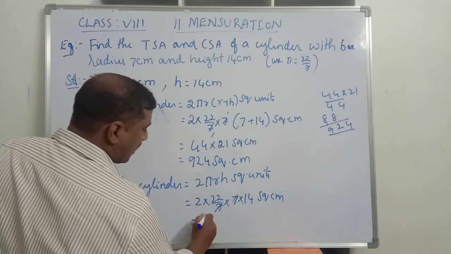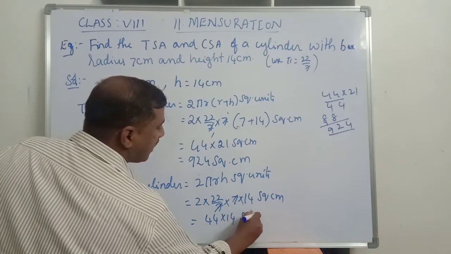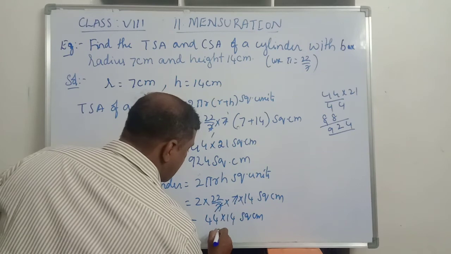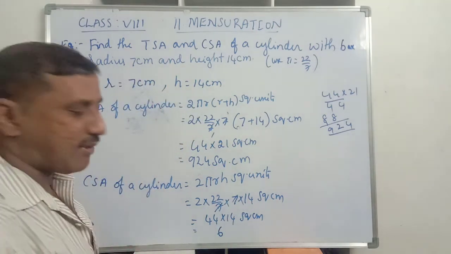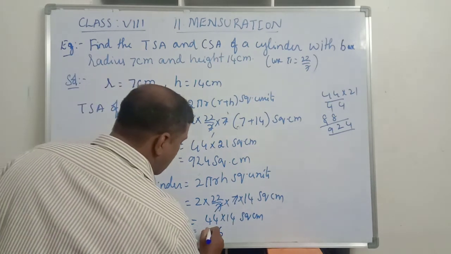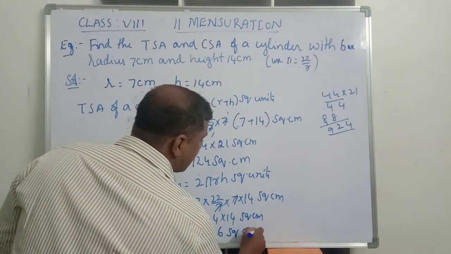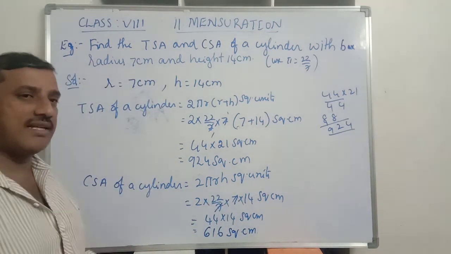Now 2 into 22 is 44 into 14 square centimeters. Now multiply. 616 square centimeters is the curved surface area of the given cylinder.